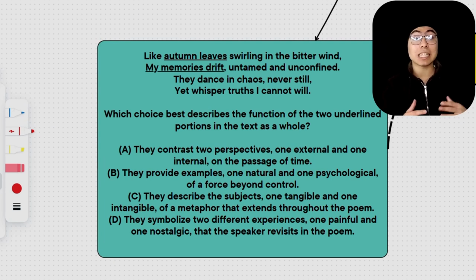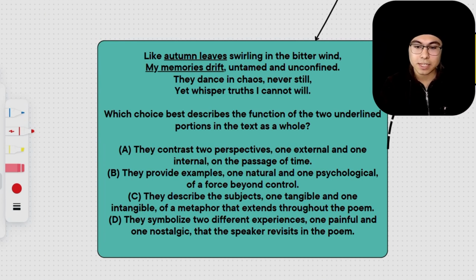Yes. So the leaves here are tangible, and the memories here are intangible. And the poet compares them through a very extended metaphor here. So I guess that's a perfect match.